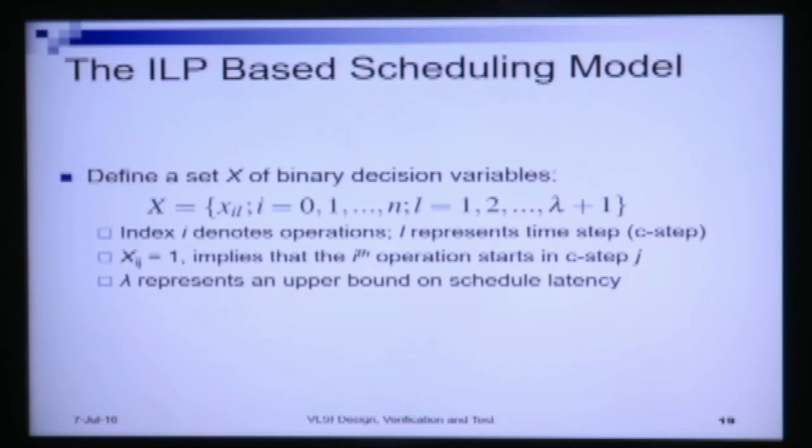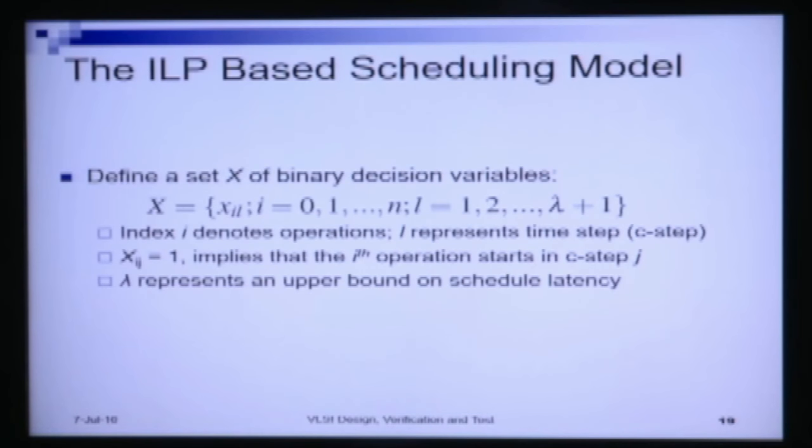Now, the ILP based scheduling model starts by defining a set of binary decision variables. Here we have the binary decision variables x, where x equals x_il, where i goes from 0 to n and l goes from 1 up to lambda plus 1.